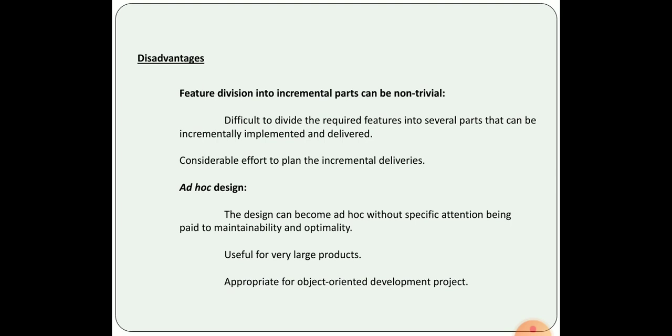So actually the evolutionary development model is appropriate for object oriented development projects, because in object oriented development projects the system can easily be partitioned into individual units, core modules in terms of objects. So objects are more or less self-contained units that can be developed independently. So it is helpful for large products, especially for the object oriented models.